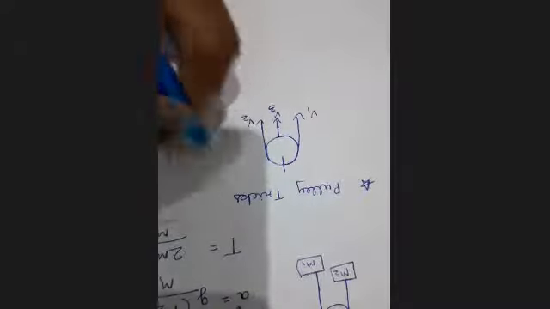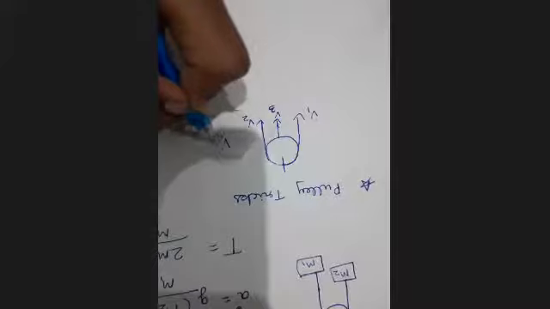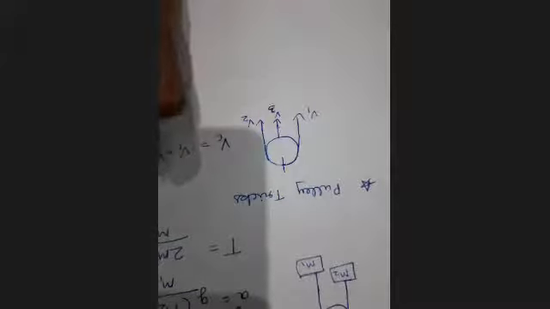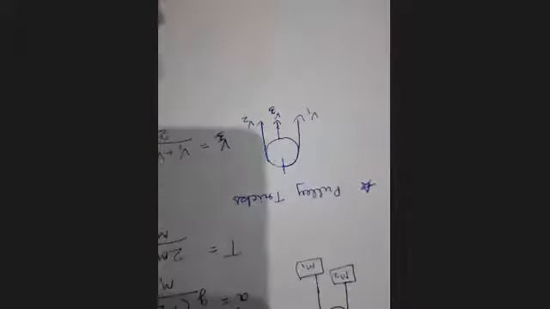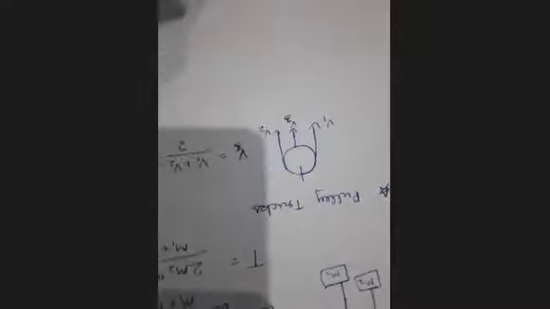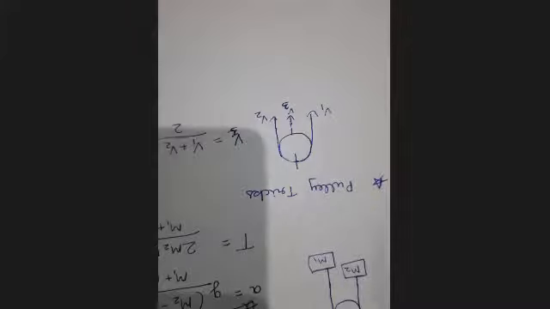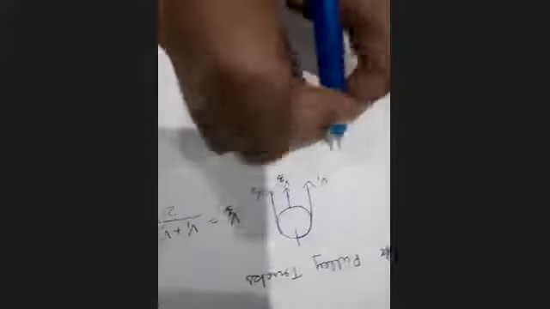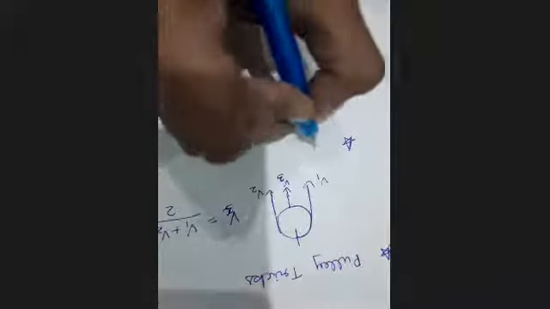We can use the formula Vc is equal to (V1 plus V2) upon 2, V3. In such problems, the velocities must be in the same direction. So we can use this formula and then solve this sum. Moving on to inclined plane.